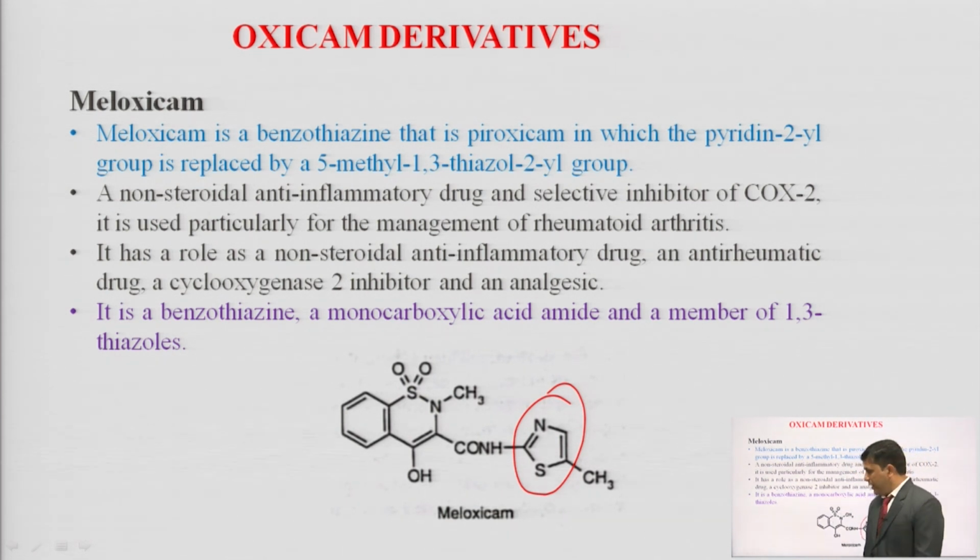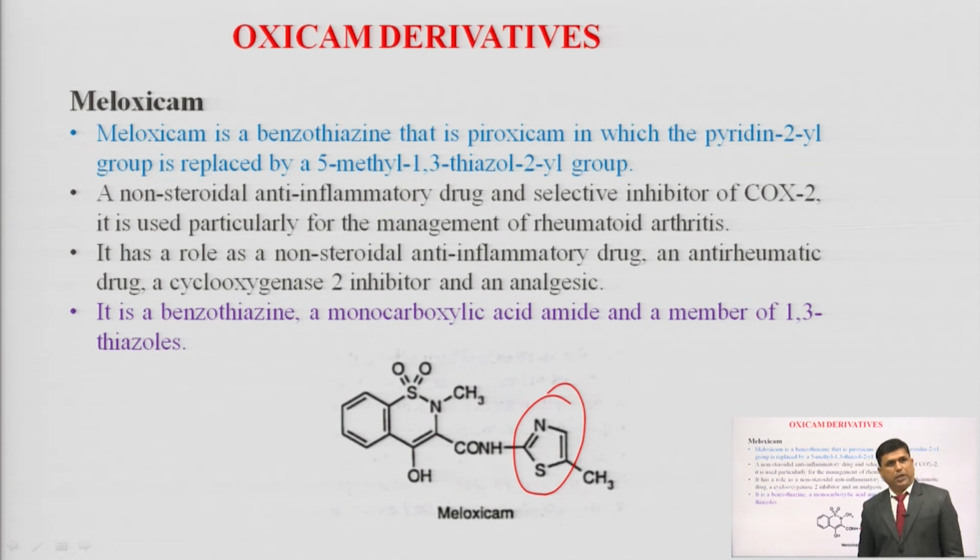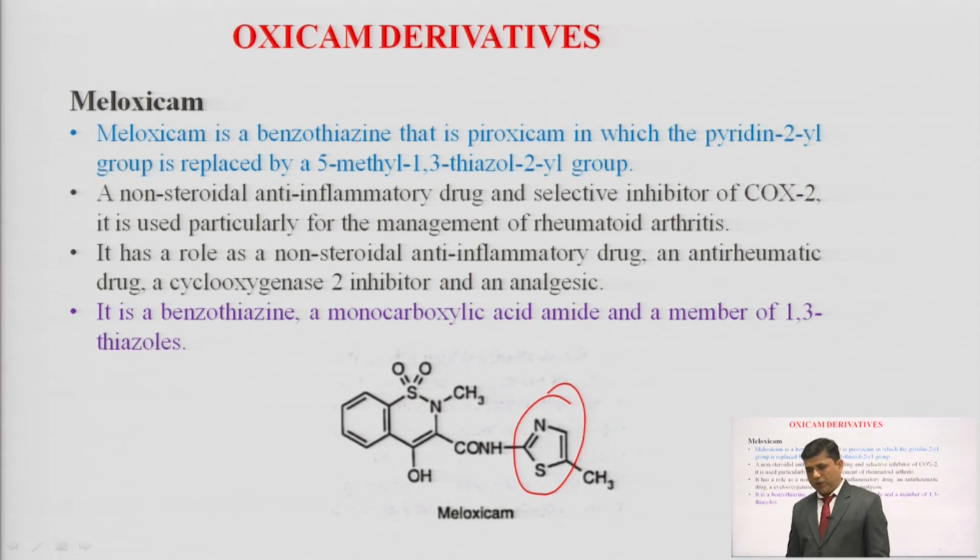So, again it retains its anti-inflammatory, analgesic and non-steroidal anti-inflammatory properties, and it is a selective inhibitor of COX-2, used particularly for the management of rheumatoid arthritis. It has a role as an NSAID, anti-rheumatic, cyclooxygenase 2 inhibitor and analgesic.